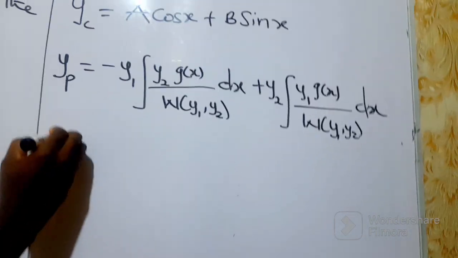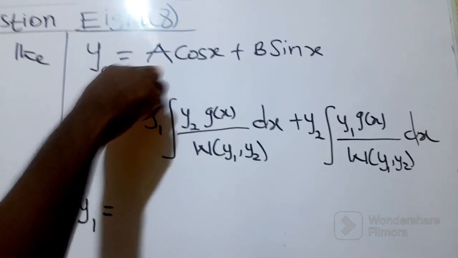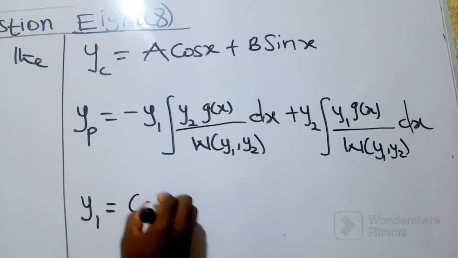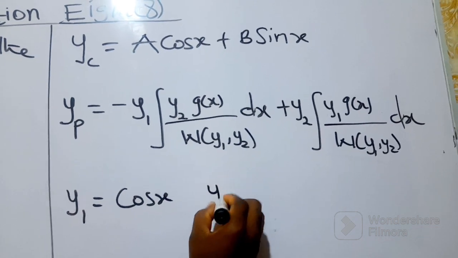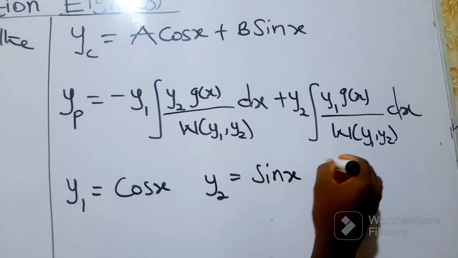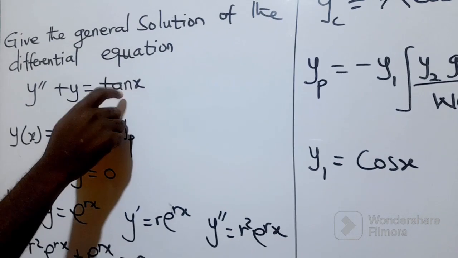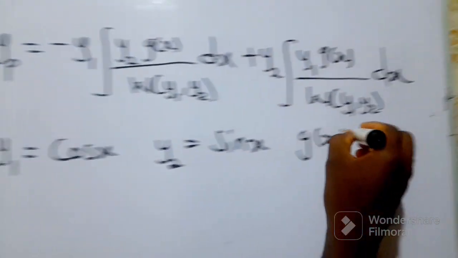So what's our y1? Our y1 is just the coefficient of the a here, which is cos x, and our y2 will be equal to sine x, and our g(x) becomes the non-homogeneous side, which is what? Tan x.